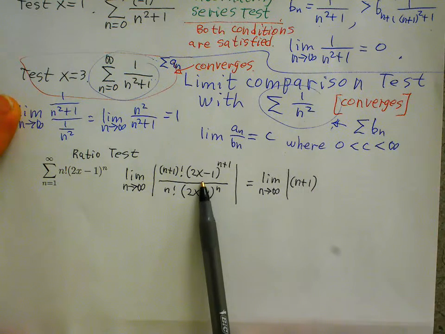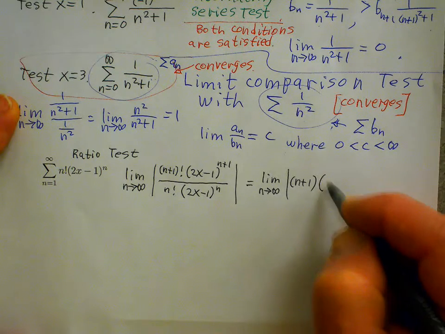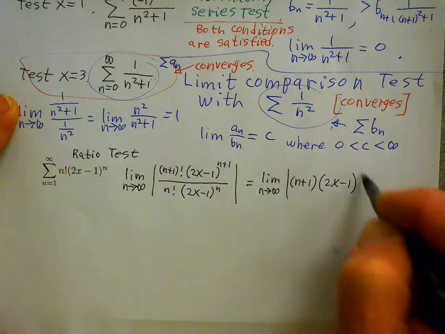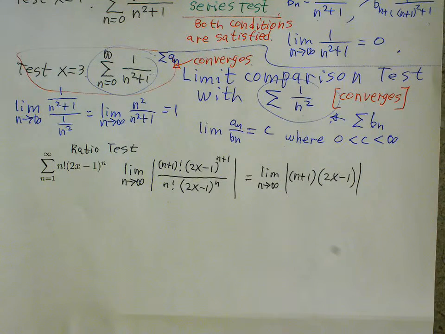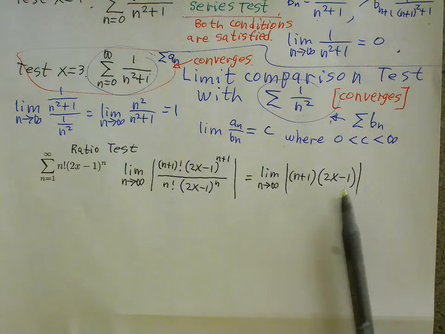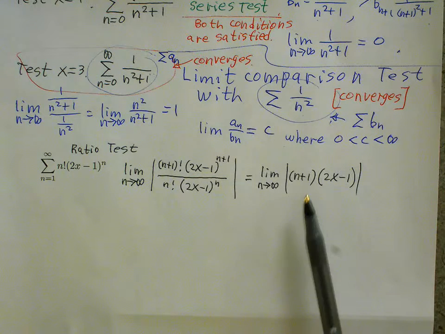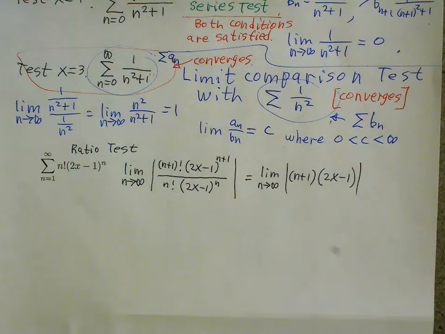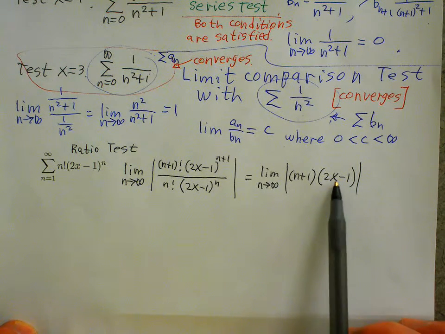And the binomial 2x minus 1 to the n plus 1 divided by the same binomial 2x minus 1 to the nth, we just get 2x minus 1 to the first. Okay, so for values of x that are not equal to 1/2, the limit is infinity, and the limit is 0 only when x equals 1/2.